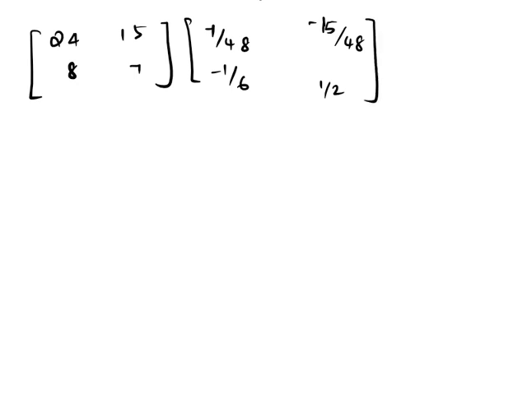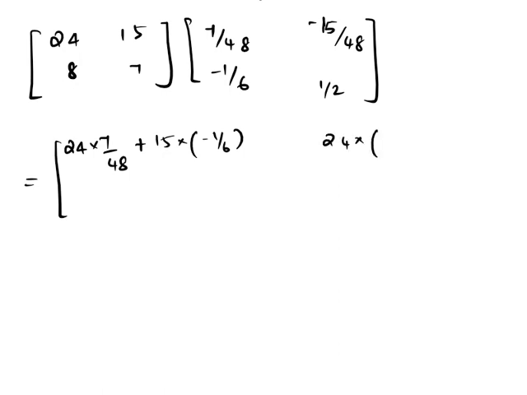Now multiplying these two, we will get 24 into 7 by 48 plus 15 into minus 1 by 6. And here we have 24 into minus 15 by 48 plus 15 into 1 by 2.